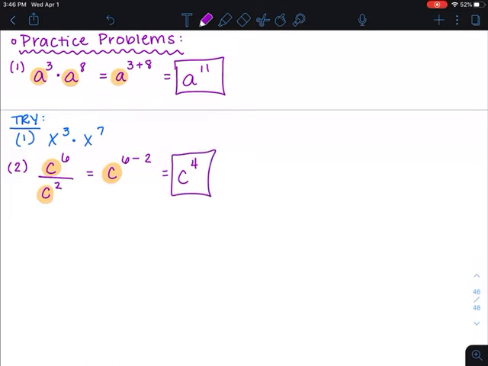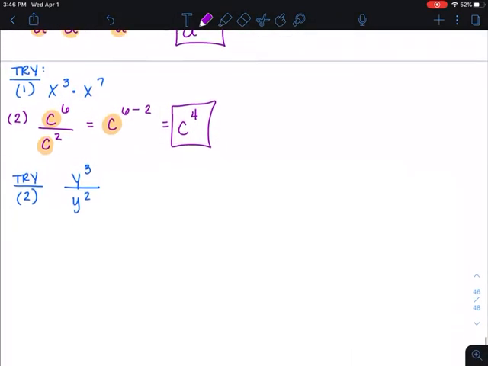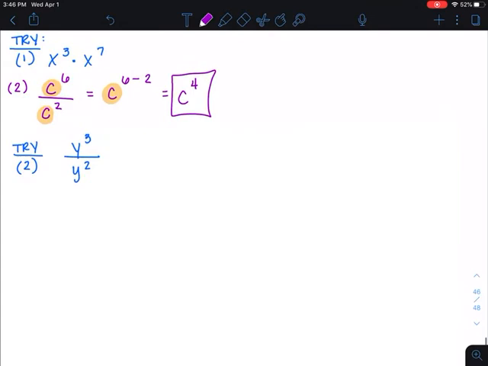So c to the 6th power divided by c to the 2nd power is equal to c to the 4th power. This will be the second problem you should do on your paper. You are to do y to the 3rd power divided by y to the 2nd power.